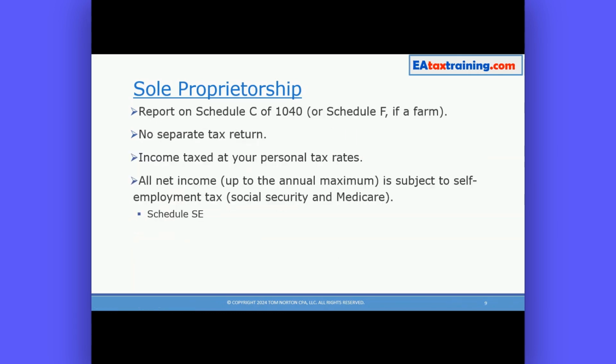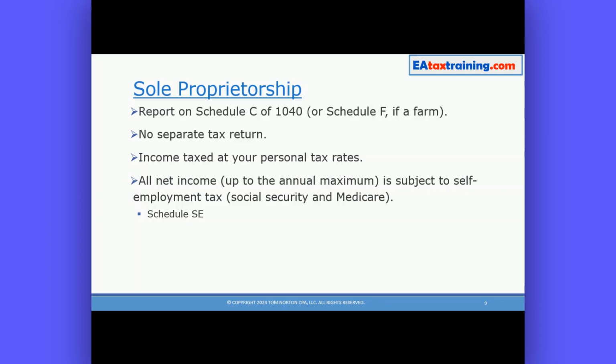If you have a sole proprietorship for income tax purposes, you report that on Schedule C of Form 1040. Or if you're a farmer, then you would report it on Schedule F. But the point is, there is no separate tax return that needs to be filed like there is with a lot of the other types of entities.